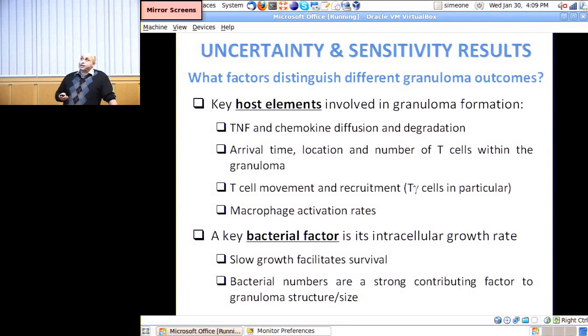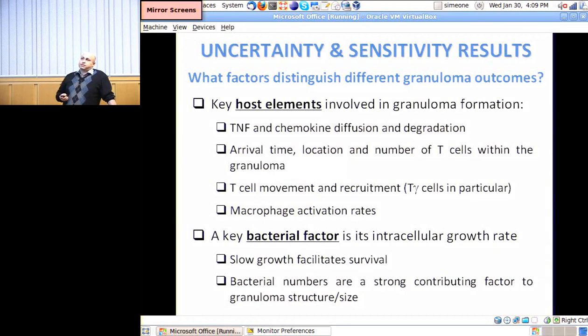The degradation and diffusion and secretion of specific chemokine and tumor necrosis factor is very important. The arrival time, location, and number of T cells within the granuloma is key, as well as the movement and the recruitment, especially for a certain type of lymphocyte. And of course, macrophage activation rates. If we have more activated macrophages, we can definitely kill more bacteria and probably resolve the infection.